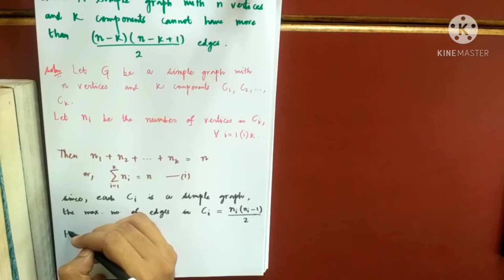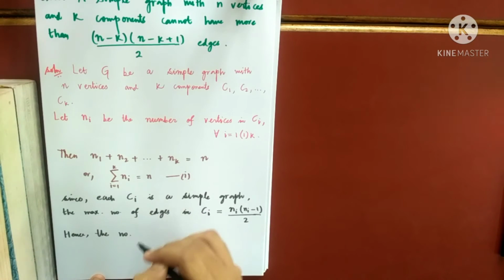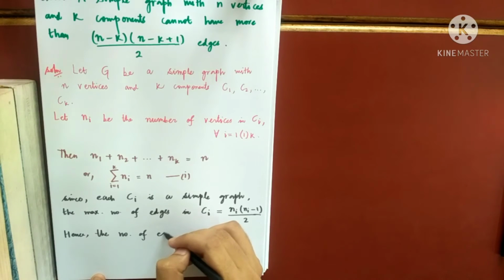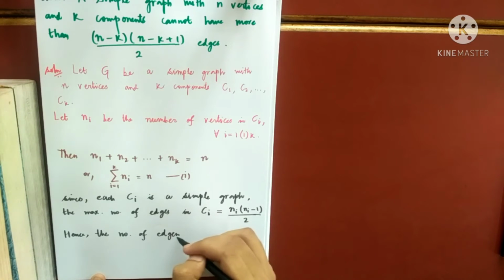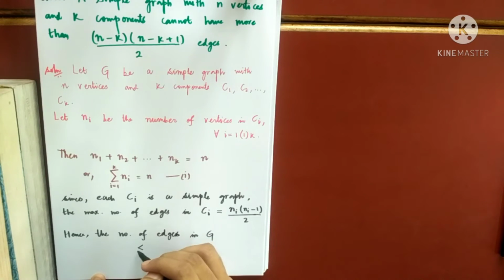So hence the number of edges in G will be less than or equal to the sum, right?